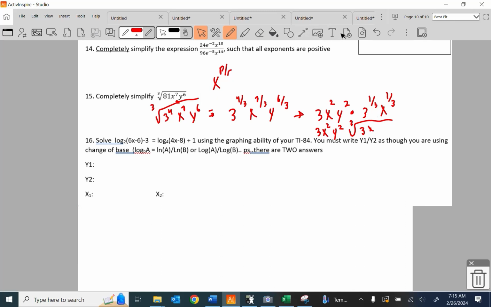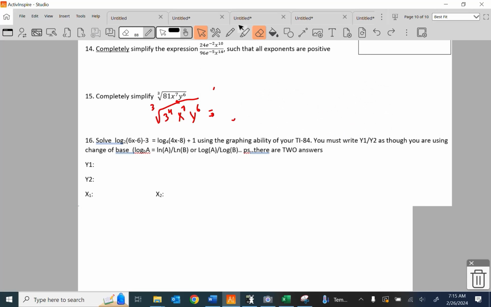Now, the other way of doing this is pretty simple too. None of them are hard. But we divide the power by the root, and the remainder stays inside.